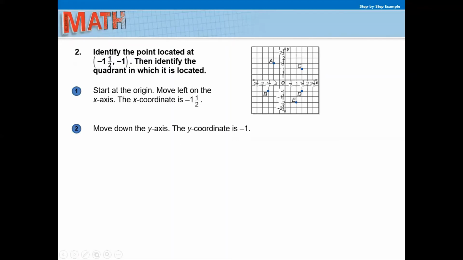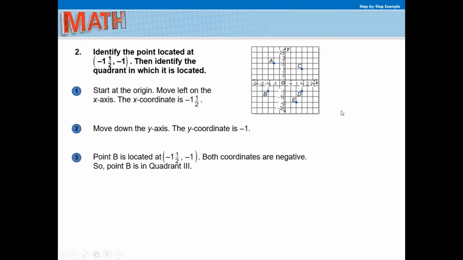So we went to the left because x is negative, and we went down on the y-axis because the y is also a negative integer. Both the x and the y are negative in this quadrant. Point B is located at -1.5, -1. Both coordinates are negative, so point B is in quadrant 3.